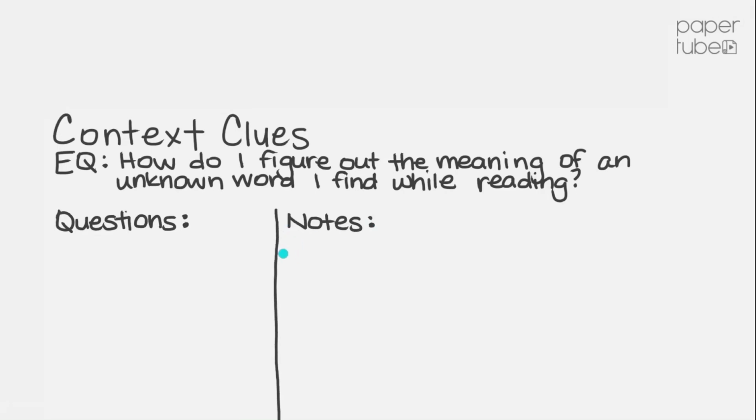So in the question column, you're coming up with questions that you think I might ask on a quiz or something. It's also where you would put vocabulary. The notes column is where you're actually going to take your notes. So we're going to go ahead and start taking our notes on context clues.